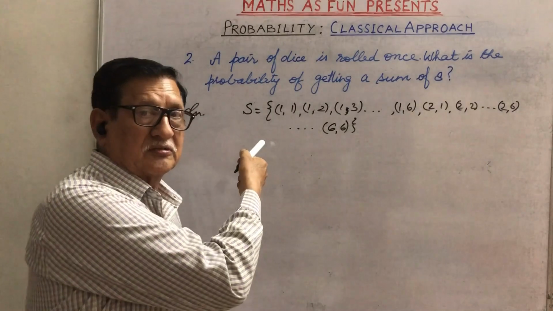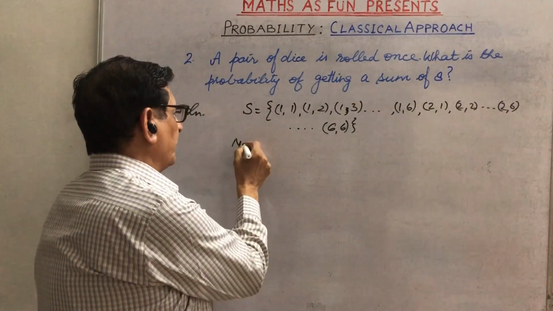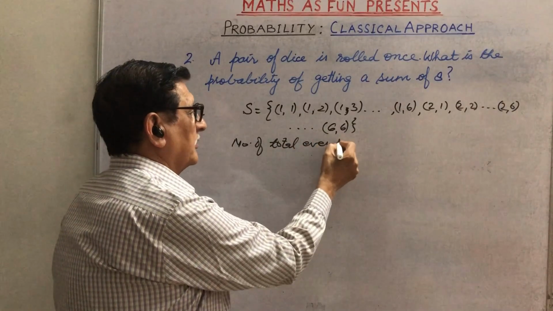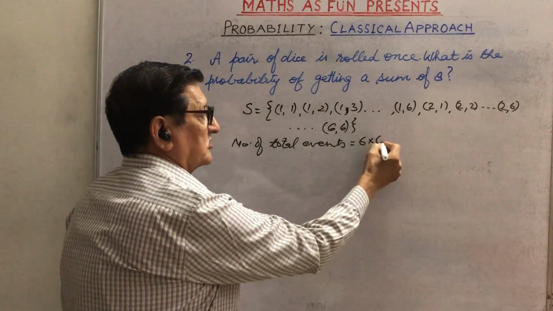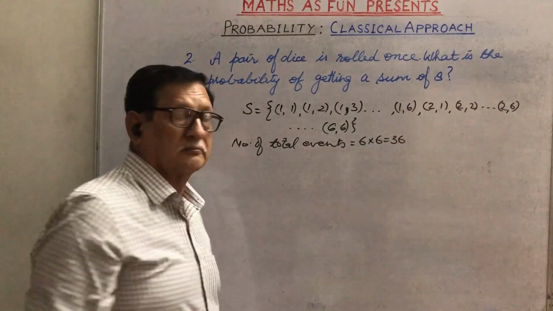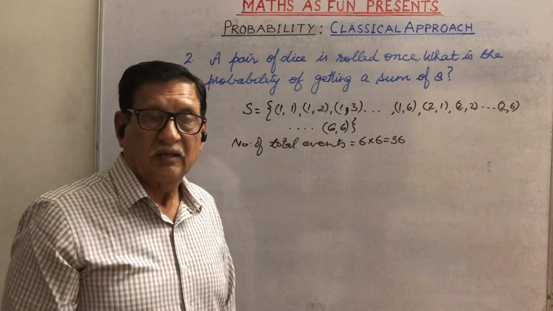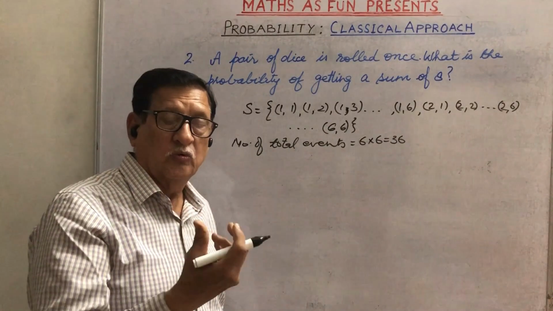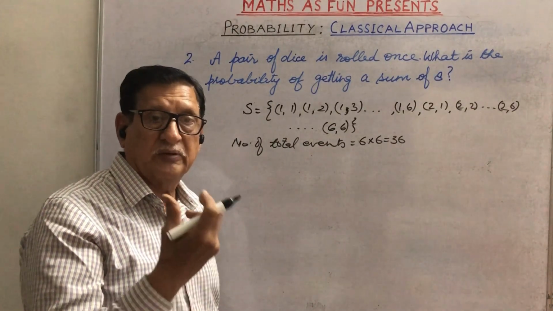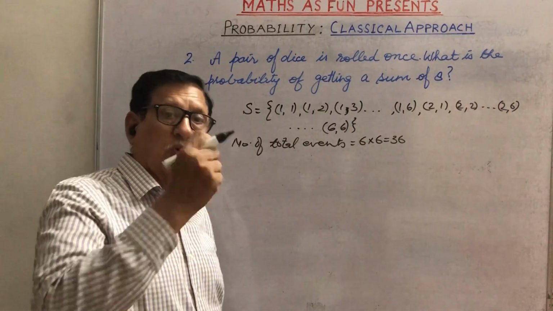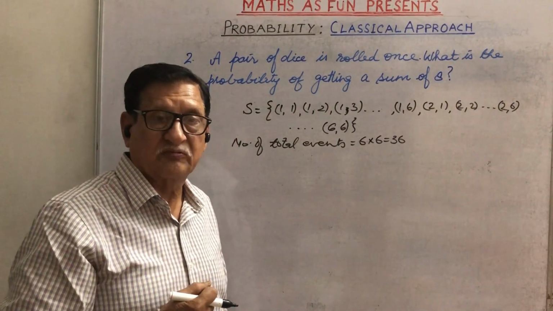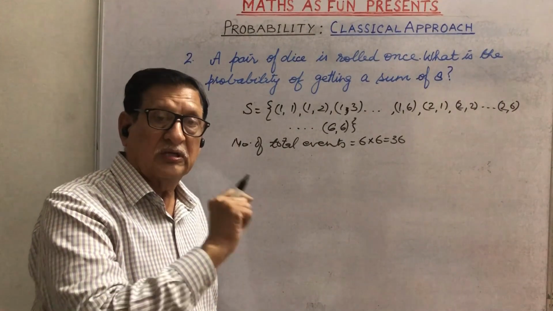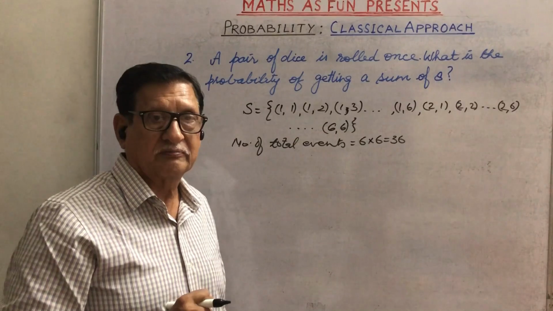How many are these? The number of total events in this will be 6 into 6, that is 36. We have to learn that in case we are performing 2 experiments together, then the total number of events in the sample space will be equal to the number of events of both multiplied.